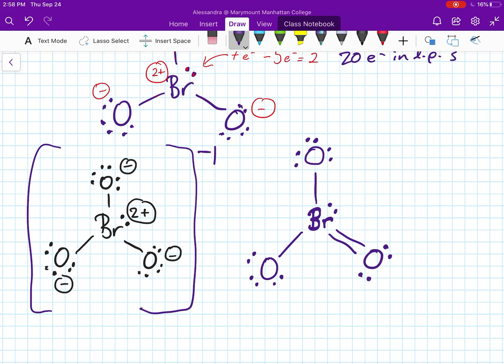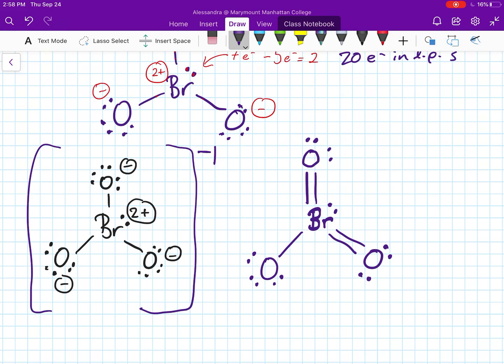So that would reduce the charge somewhat, but it would be even better if I could do it twice. Then I can actually get a 0 formal charge on bromine. So I'm going to try doing it by making another double bond here. Can bromine go all the way out to a 2, 4, 6, 8, 10 dectet? Sure. It's deep in the periodic table, so it's just fine expanding beyond the octet.